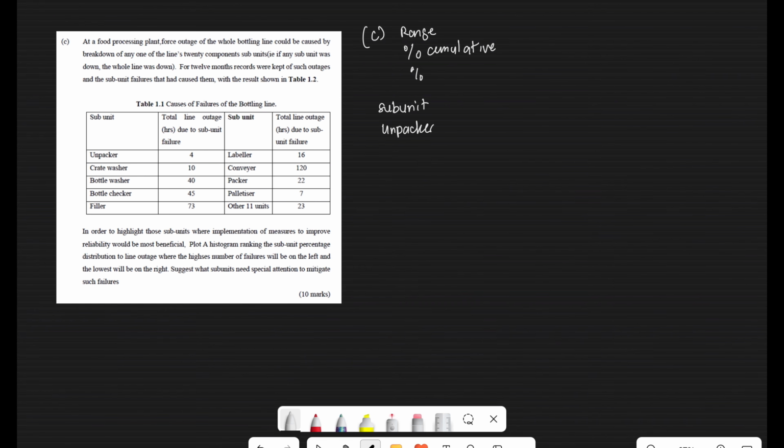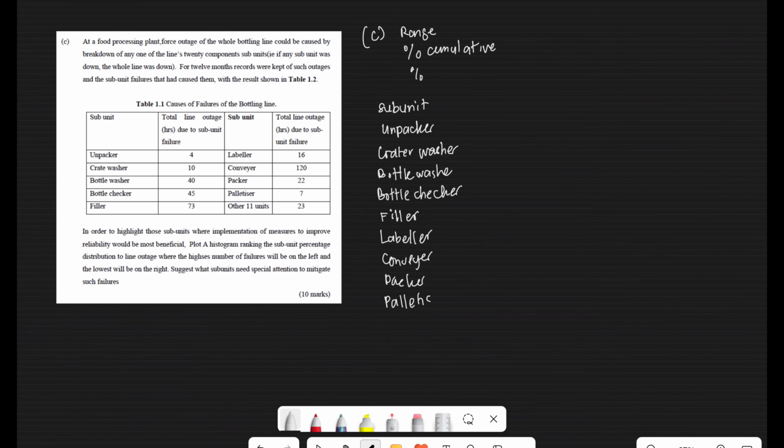Unpacker, crate washer, bottle washer, bottle checker, filler, labeler, conveyor, packer, palletizer, others.